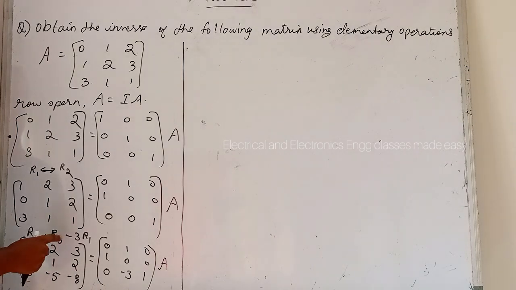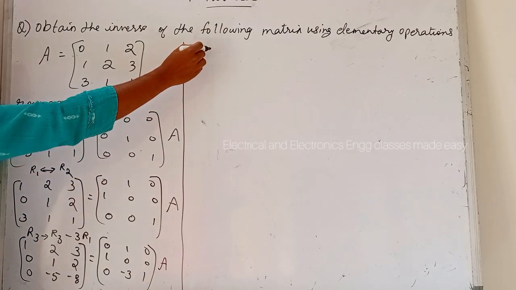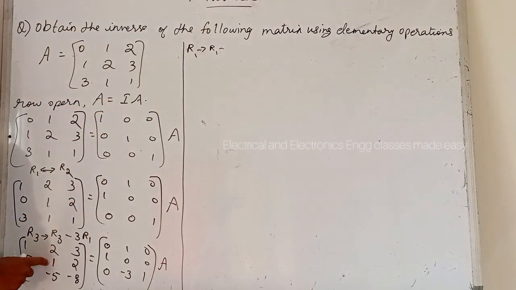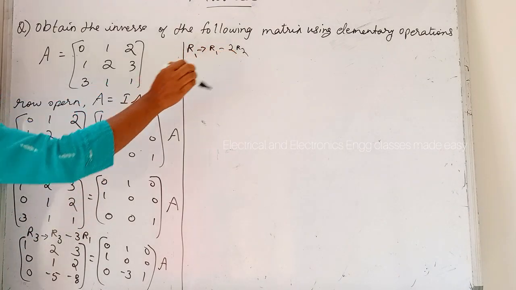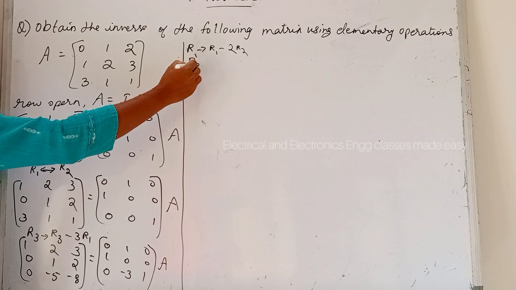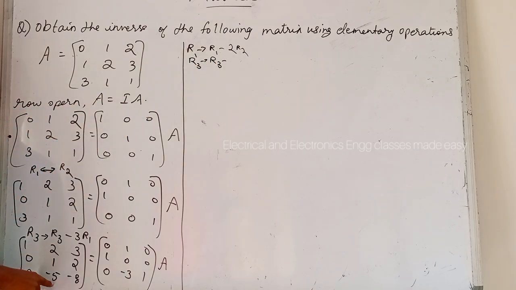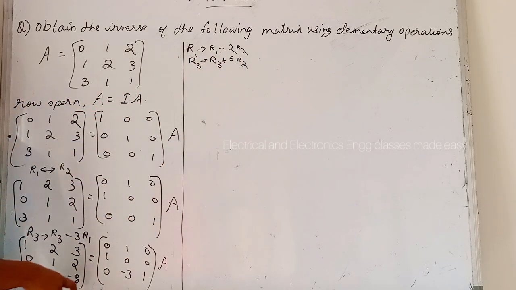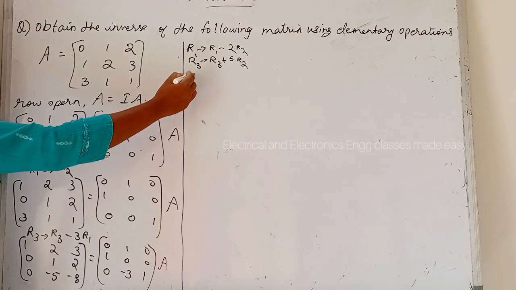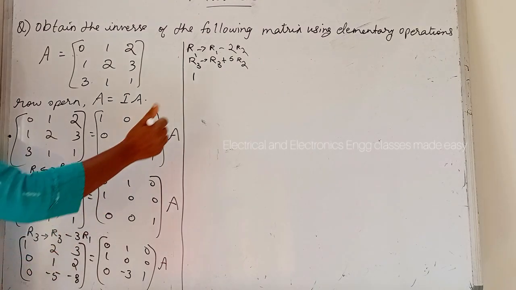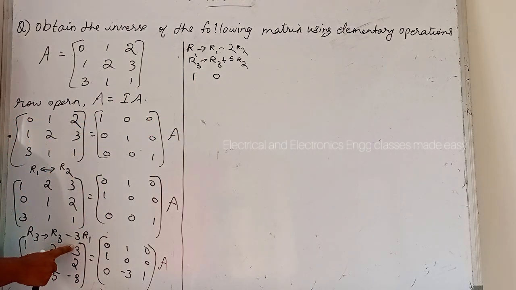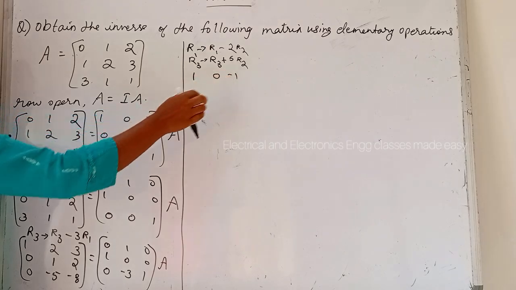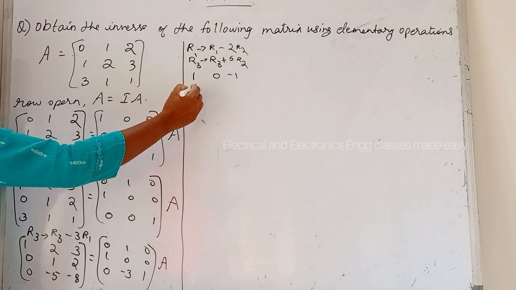In the next step we write R1 implies R1 minus 2R2. Similarly R3 implies R3 minus, here this is minus 5, so R3 plus 5 times R2. Here we will get 1 minus 0, so it is 1. Then 2 minus 2 times 1, which is 0. Then 3 minus 2 times 2, so 3 minus 4, which is minus 1. Then 0, 1, 2, no change.